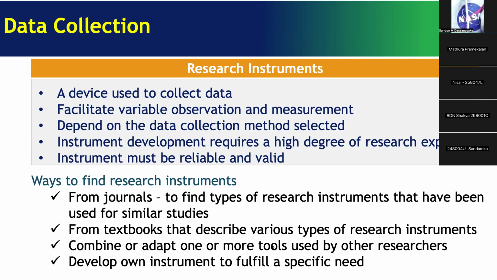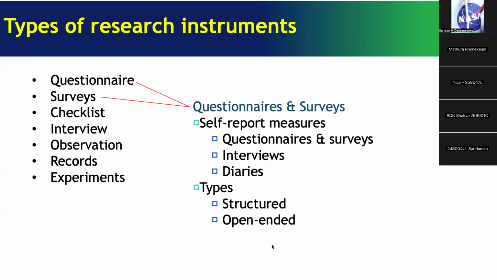We might be developing an instrument or a measuring device to go and collect the data, plus a different way of maybe exposing the newborn baby to different conditions and seeing how he or she reacts. That is also a very specific way of collecting data. So that's your own instrument. To do that, you need to understand all those other things associated with the data collection and the research question.